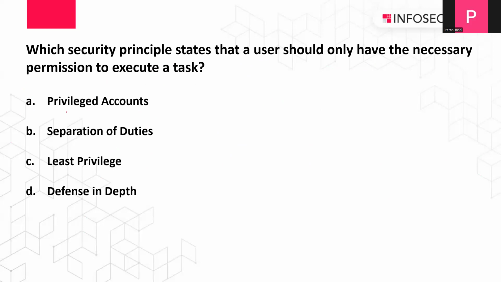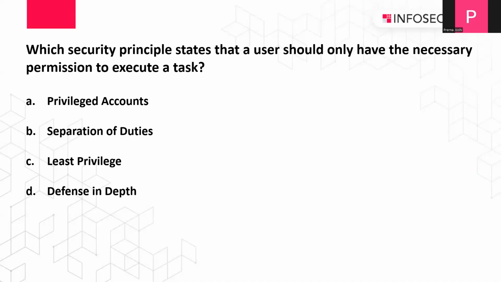So when we talk about least privilege, least privilege is what? Here the access is given only to the resources and permissions that you need to perform your job. Means you will get the right amount of access, or the minimum amount of access, with which you can complete your work. That is least privilege.